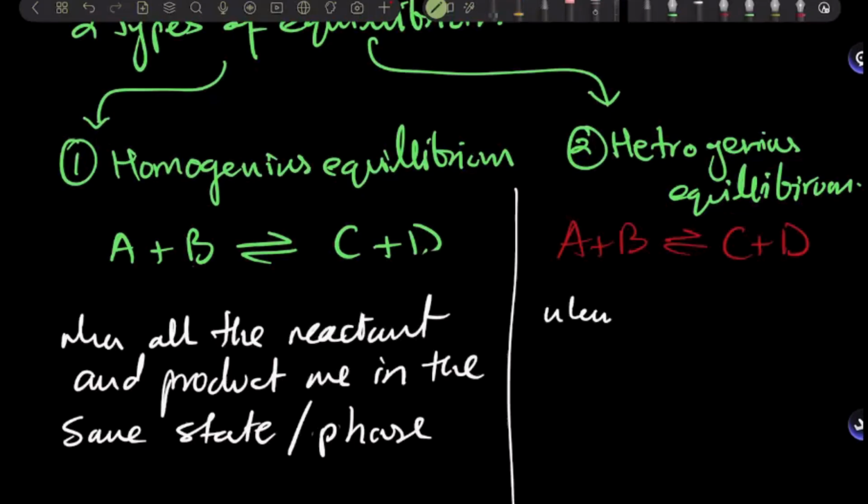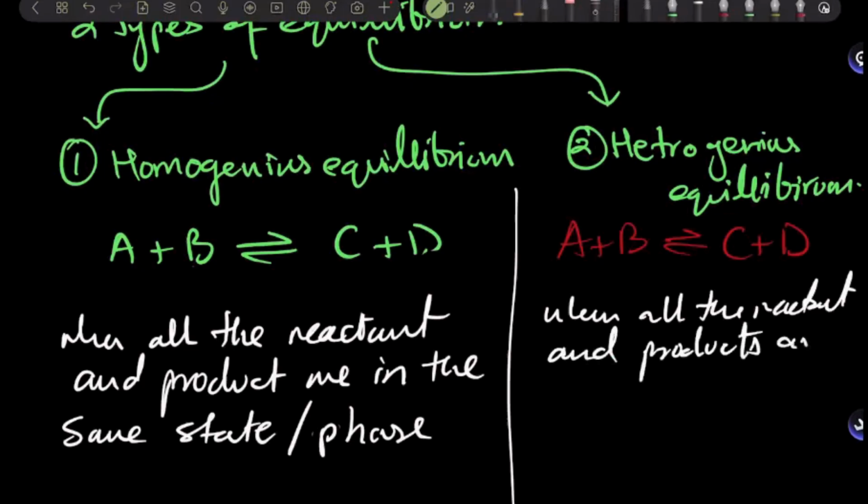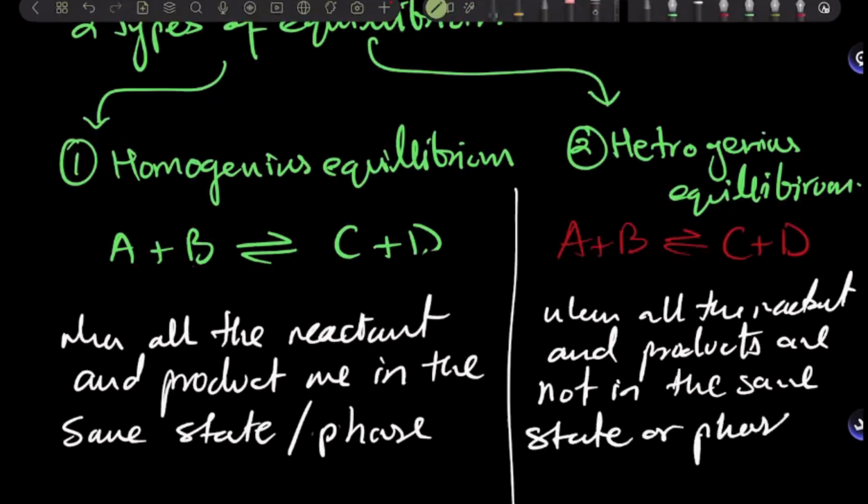So when all the reactants and products are not in the same state or phase. So for example, your reactants were gaseous and your product is liquid. That would be different, right? So that would be a heterogeneous equilibrium.